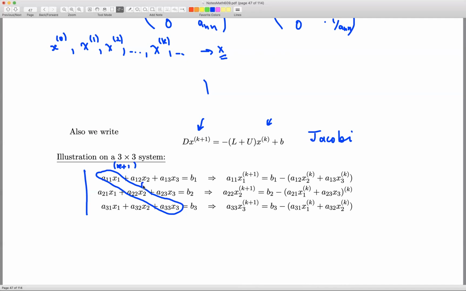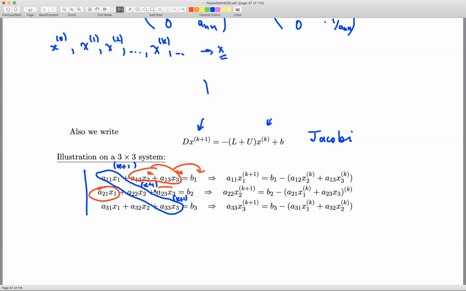So to this x2 we give superscript k+1, and to this x3 we give superscript k+1. And for the rest of the x's, we move them to the right side and give them a superscript k.